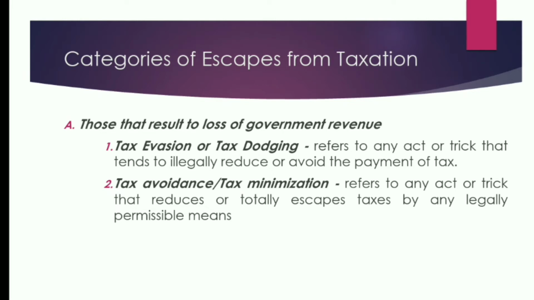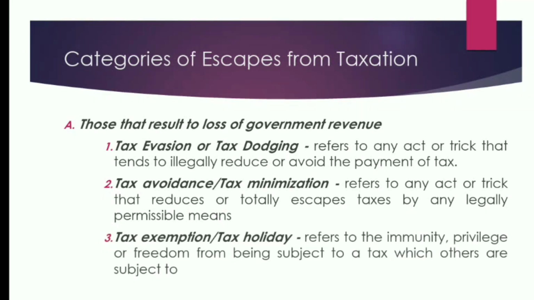This is permissible by law. Tax exemption or tax holiday, on the other hand, refers to the immunity, privilege, or freedom from being subject to a tax which others are subject to. Tax exemptions, by the way, are granted by the Constitution, by law, or by contract.